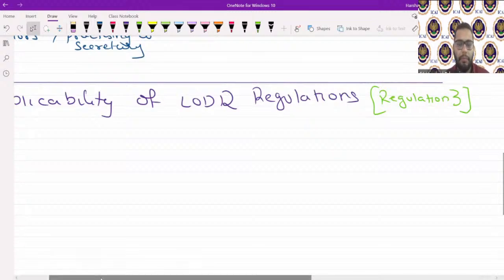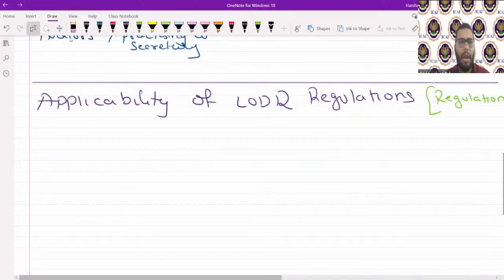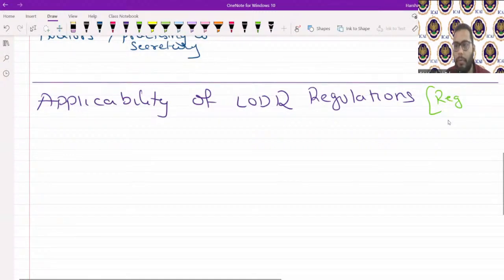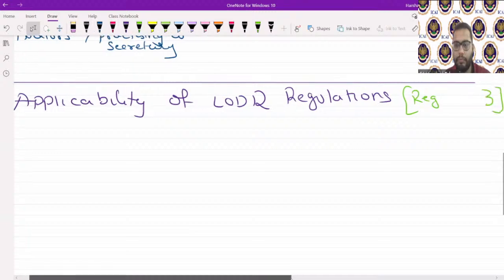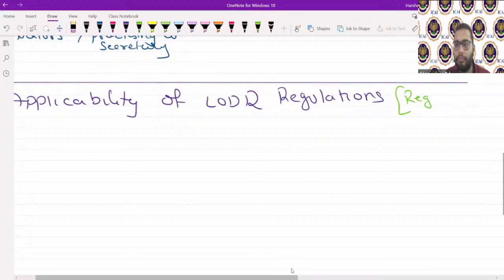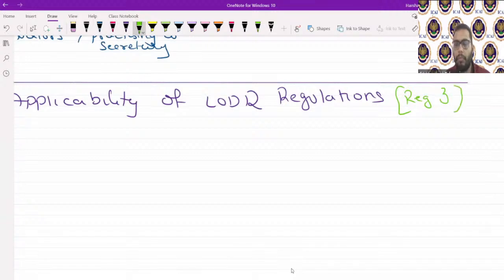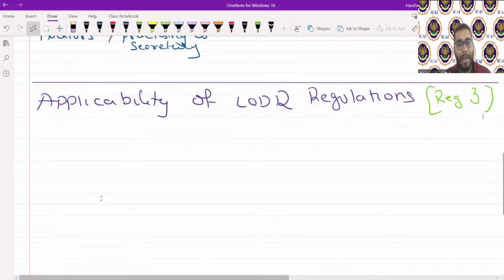Regulation 3. I'll write it in short form because it will help to understand. Regulation 3 of the LODR regulations talks about applicability of LODR.